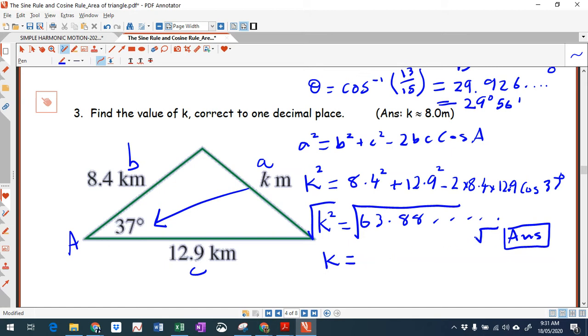That will give you k equals 7.993, and to one decimal place that will be 8.0 meters.